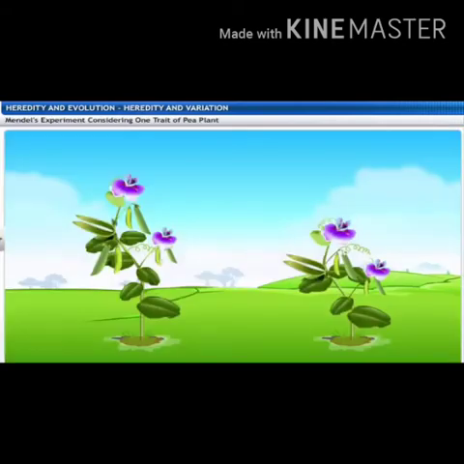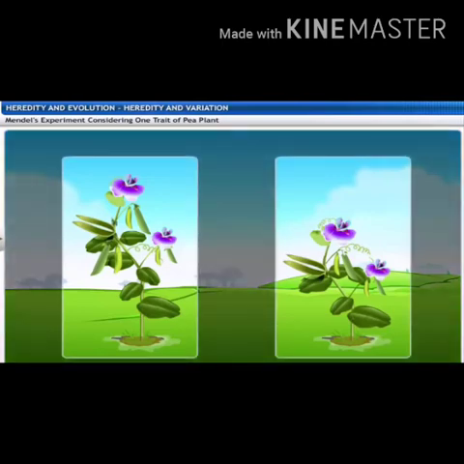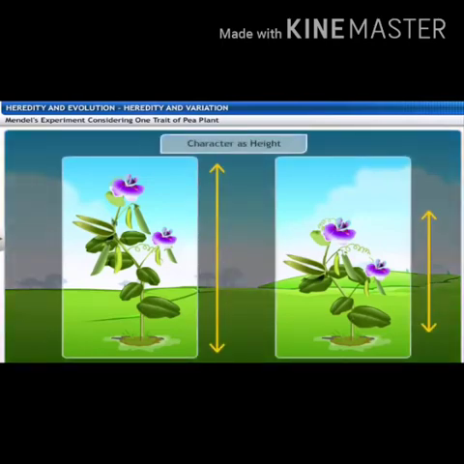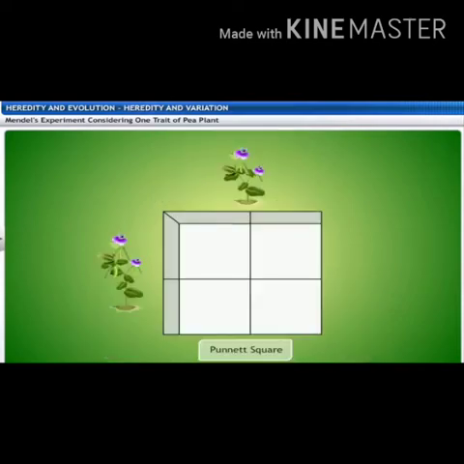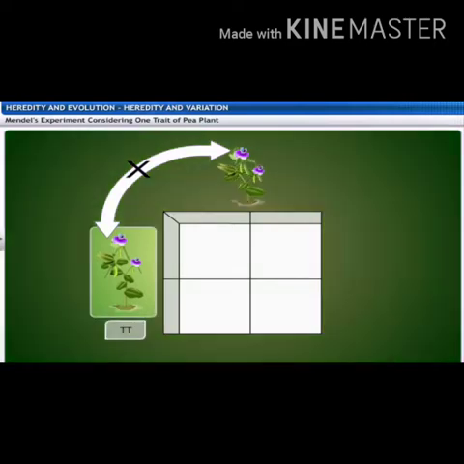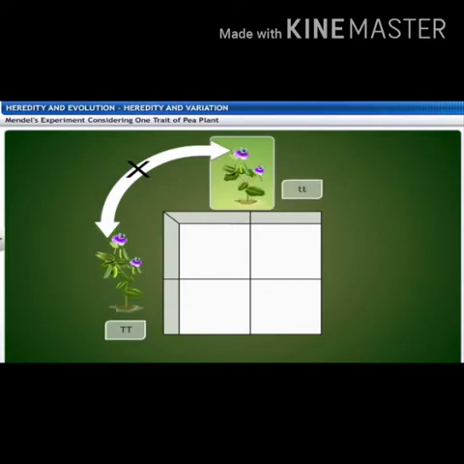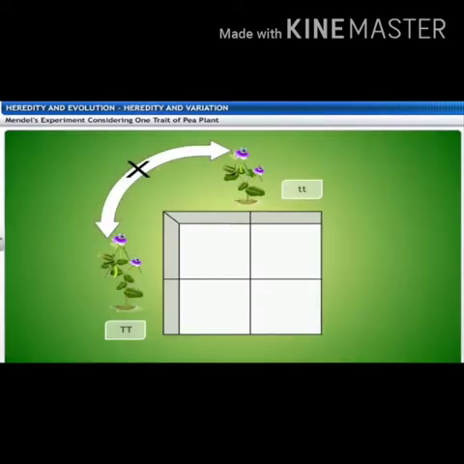Well, let me explain this through Mendel's experiment, in which inheritance of only one character, for instance the height of the pea plant, is considered. Such an inheritance pattern is referred to as monohybrid inheritance. The Punnett square shows a cross between parental tall TT and dwarf tt plants.